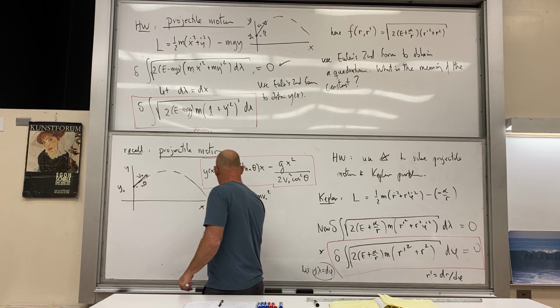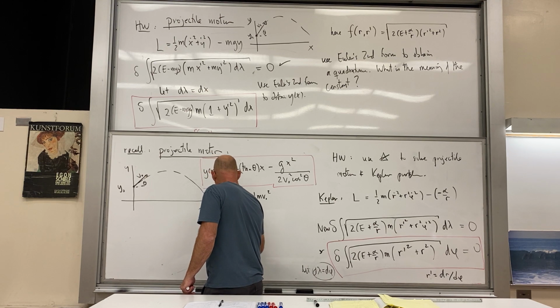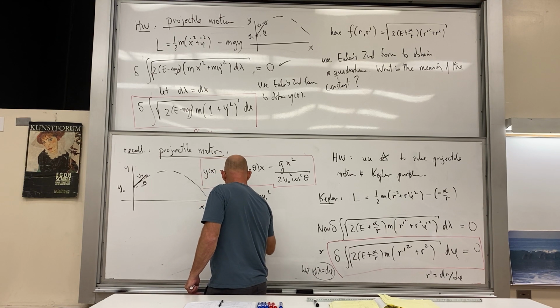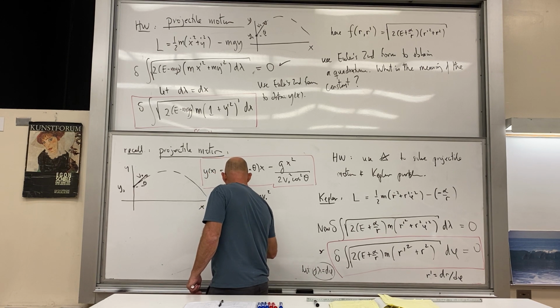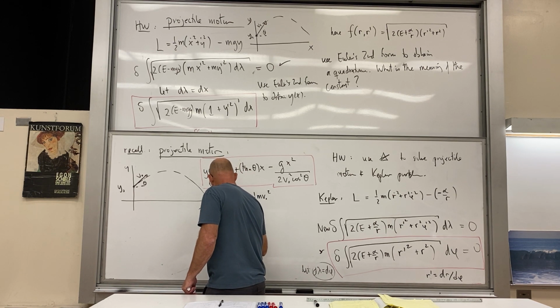So v sub x is of course v sub 0 cos theta, v sub y is v0 sine theta.